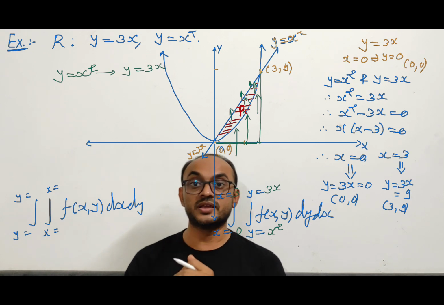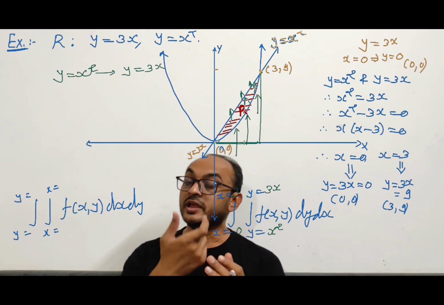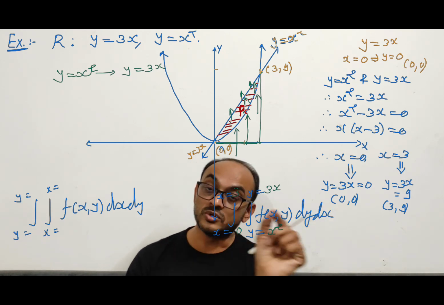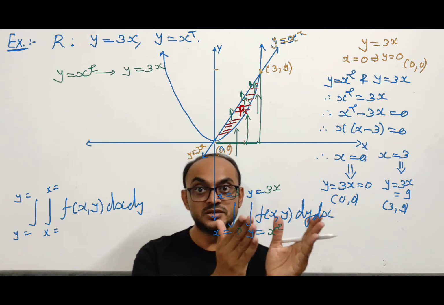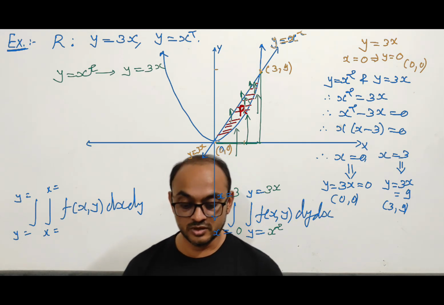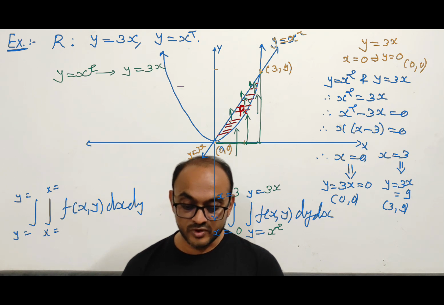Now for the dx dy case, what do we have to do? Inner limit of x. How do we write x? In this way. So we have to draw the horizontal line from left side to right side. Clear? Okay, so let us write the limit for x.